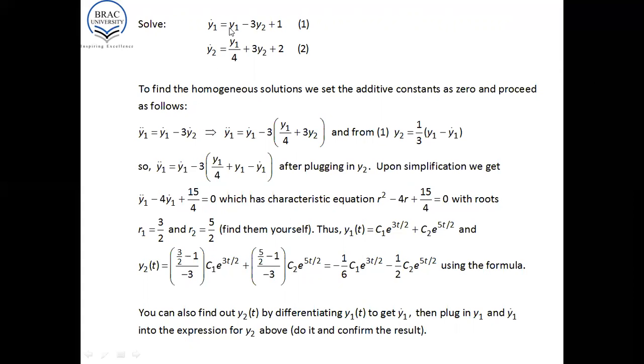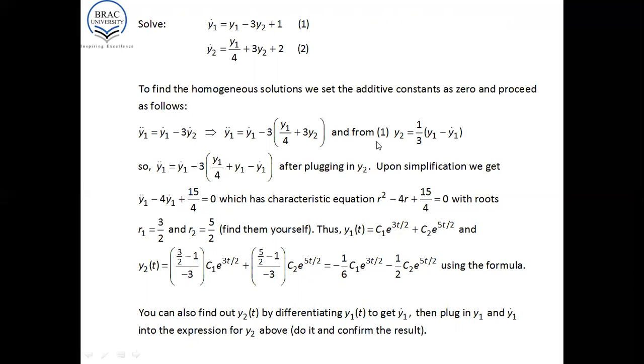Y1 dot will be equal to Y1 minus 3Y2 in homogeneous form. When we differentiate it again, we get Y1 double dot equal to Y1 dot minus 3Y2 dot, which implies that Y1 double dot is equal to Y1 dot minus 3 times (Y1 by 4 plus 3Y2). Again, we are working with the homogeneous forms.